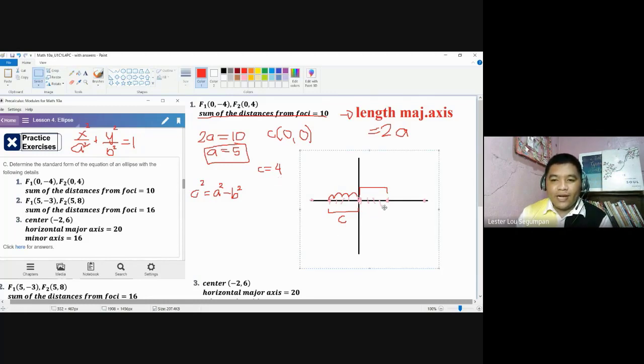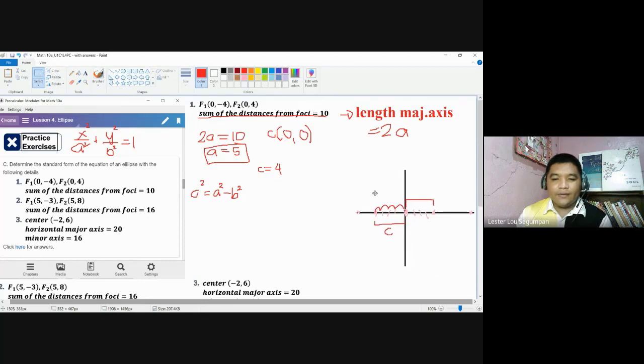So c squared: 4 squared is equal to 5 squared minus b squared. So 16 is equal to 25 minus b squared. Add b squared to both sides and subtract 16.